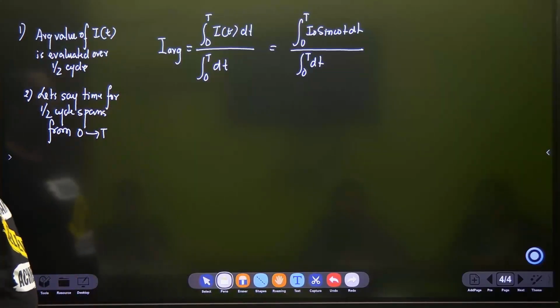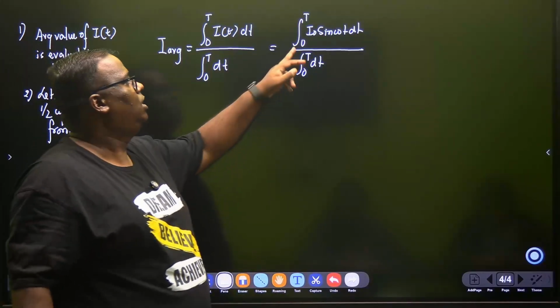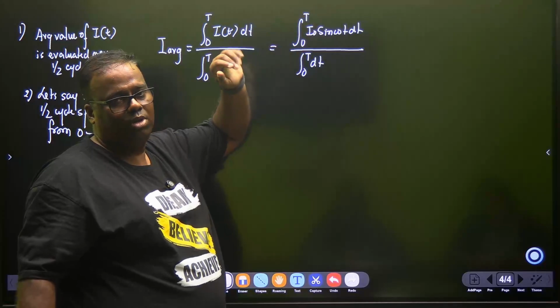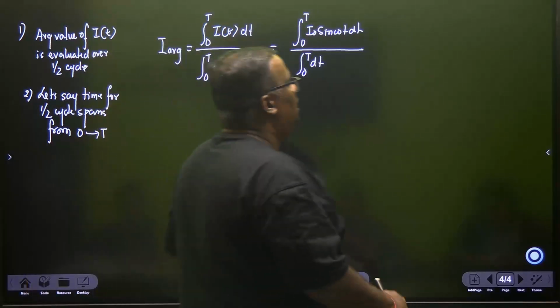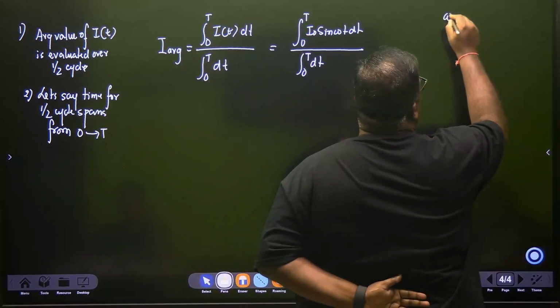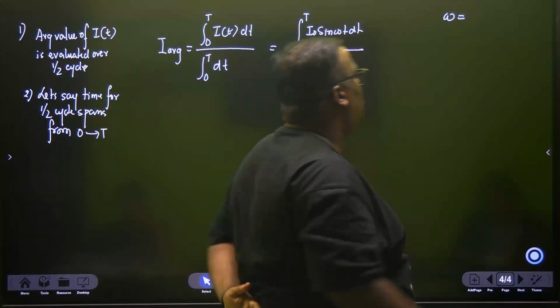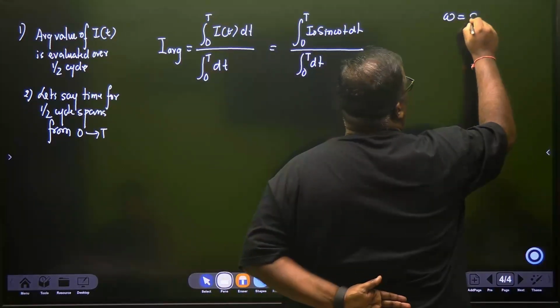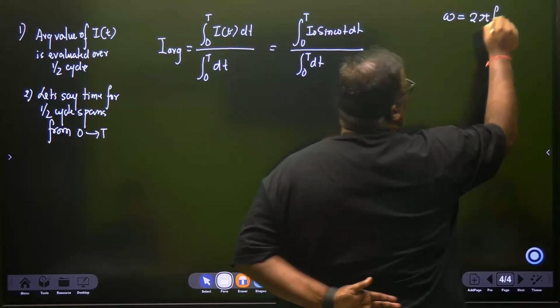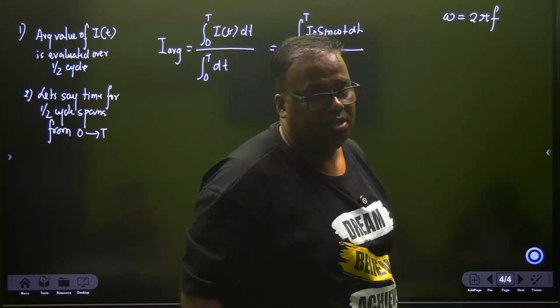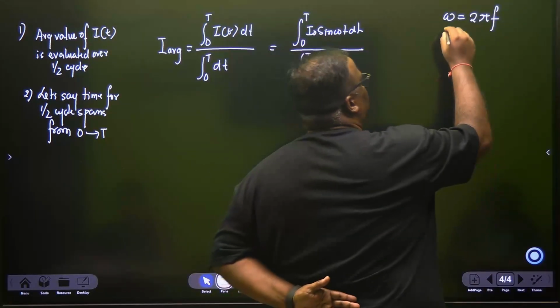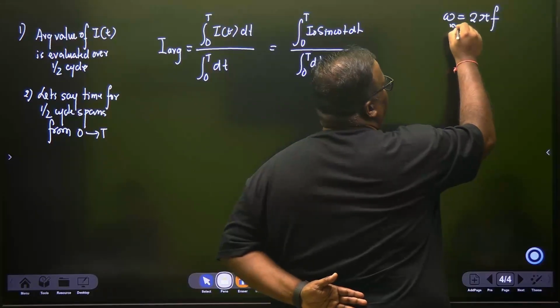Right? Now we have to do some changeovers. These values of t, we have to come to a realistic value. Now, in one cycle, omega is known as what? Angular frequency. What is the value of omega? Omega is given by 2 pi f. This is for one cycle.